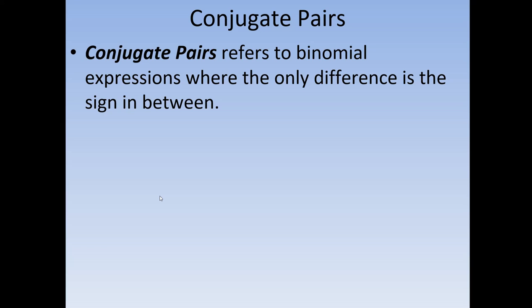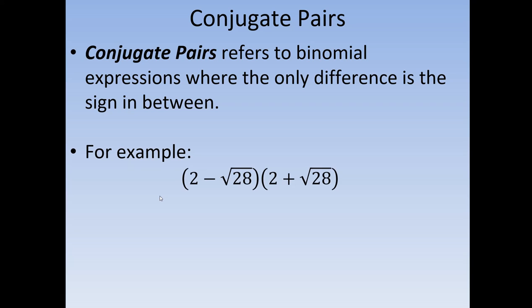So if instead of adding two numbers, you're subtracting. For example, the expression we just dealt with, 2 minus rad 28 and 2 plus rad 28, those are conjugate pairs because the only difference is this mathematical operation, the sign. Instead of a minus, it's a plus.